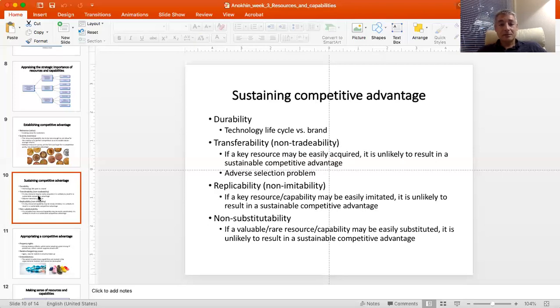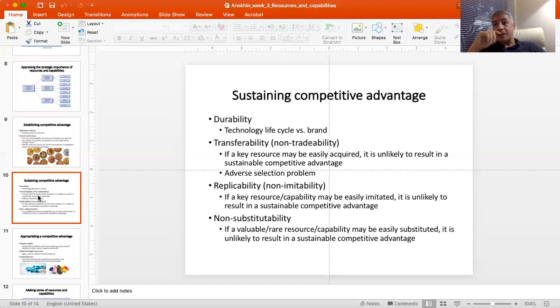It does little to extend your competitive advantage over time. And finally, non-substitutability. So if the resource can be substituted as opposed to imitated, then again, it is not very likely to result in a sustainable competitive advantage.